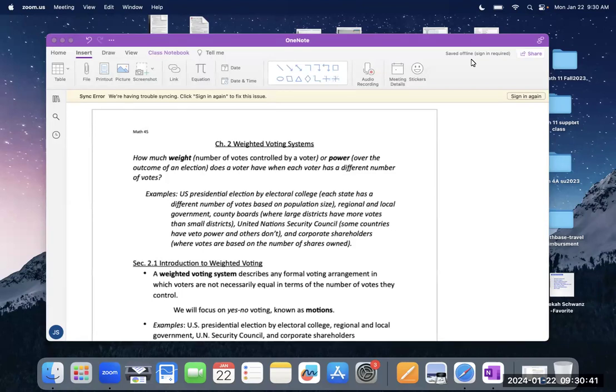So the Electoral College is an example of a weighted voting system where each state has more votes or less votes based on their population. So chapter 2 will be dealing with weighted voting systems like the Electoral College.